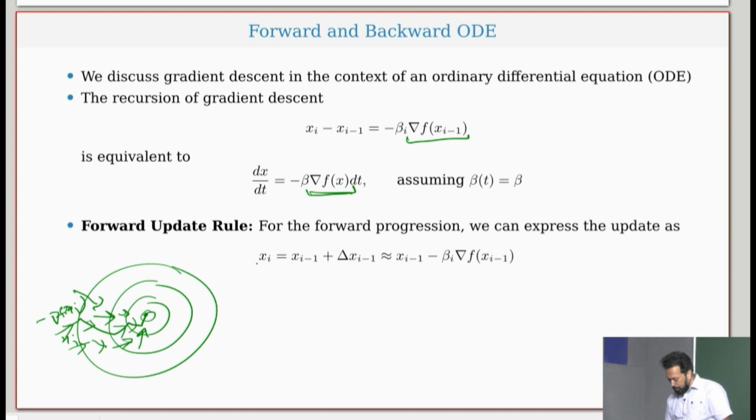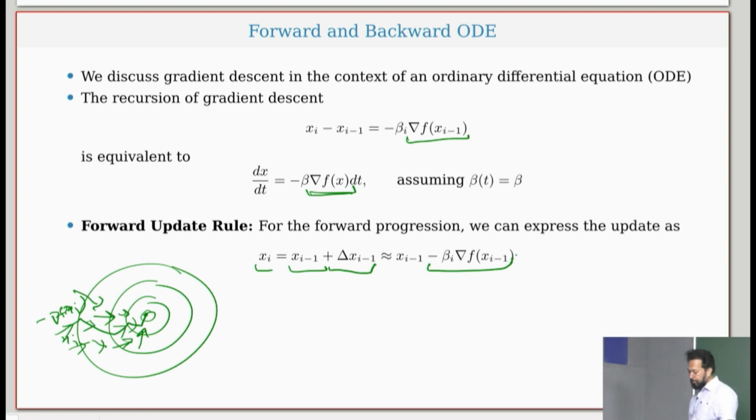So this is our recurrence for the forward case for SGD. The new x_i is obtained from the old x_i, plus the additional direction that I get via gradient descent, given by delta x_{i-1}. In this case, it's exactly this term: delta x_{i-1} is minus beta_i, which is treated as the step length.